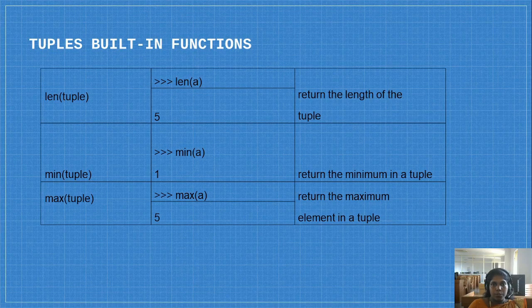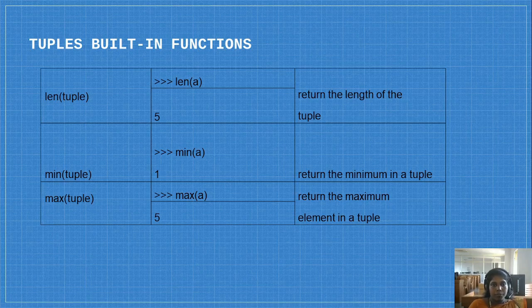Similarly, Python has many built-in functions that can be used with tuples. First is len. The len function is used to return the length of the tuple. That means it returns the number of elements present within the tuple. If I write len(A), this tuple A has totally 5 elements, so it returns the number 5.